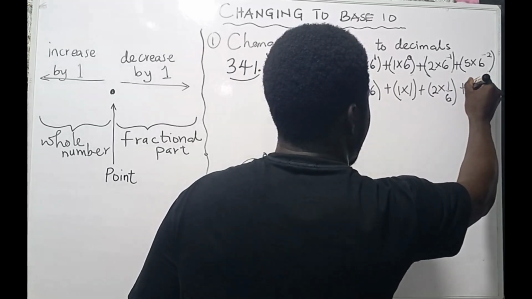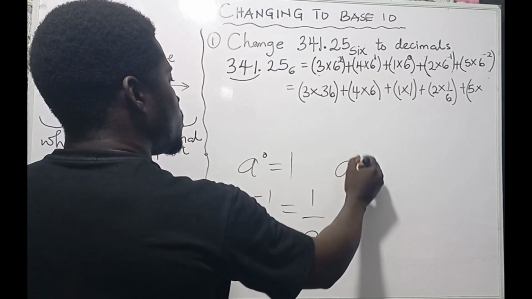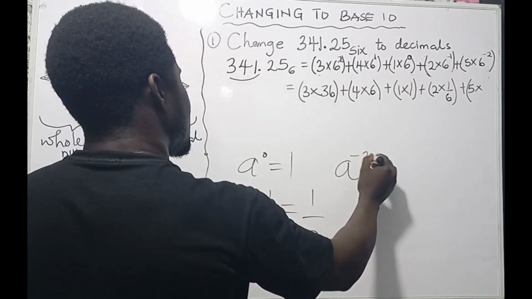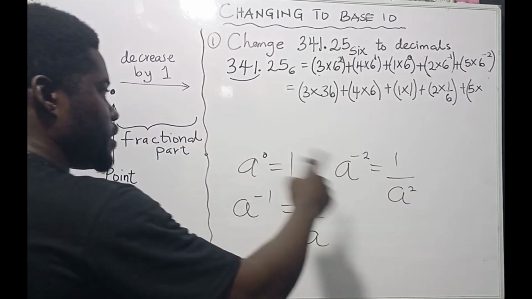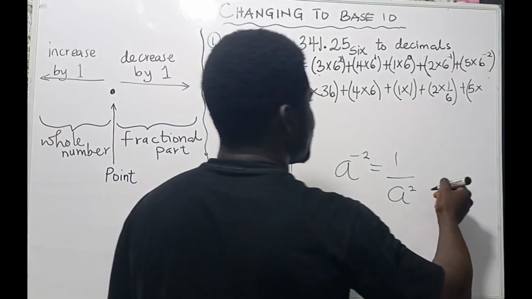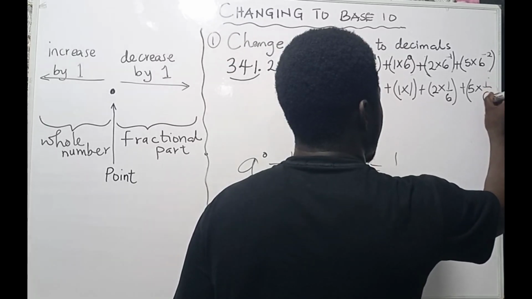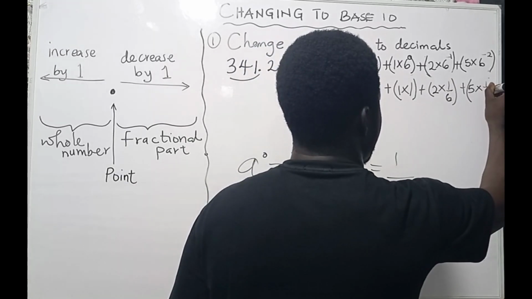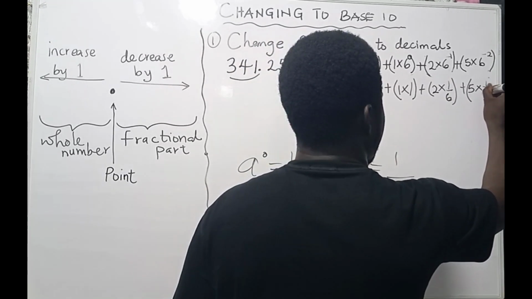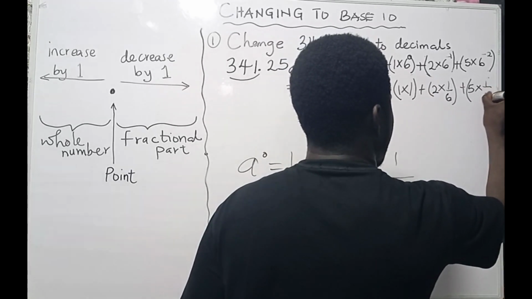Plus 5 times 6 to the power negative 2. According to this, a to the power negative 2 is the same as 1 over a squared. So please take note. We can write 6 raised to the power negative 2 as 1 over 6 raised to the power 2. And 6 raised to the power 2 is 36. So we bring our 36. Let me write it well.